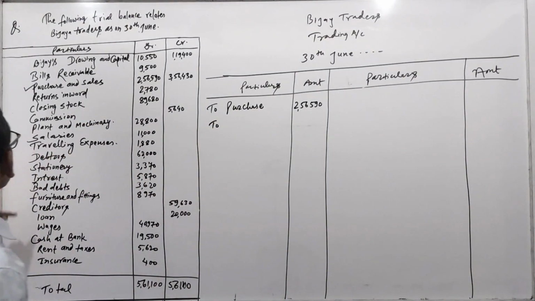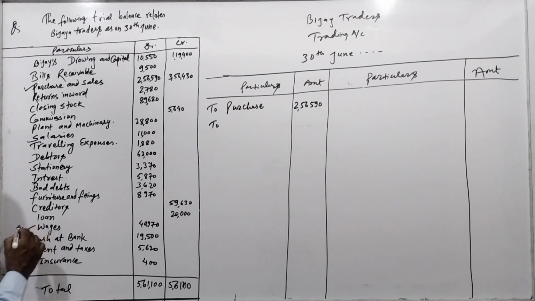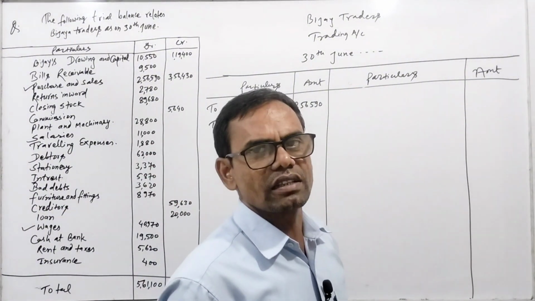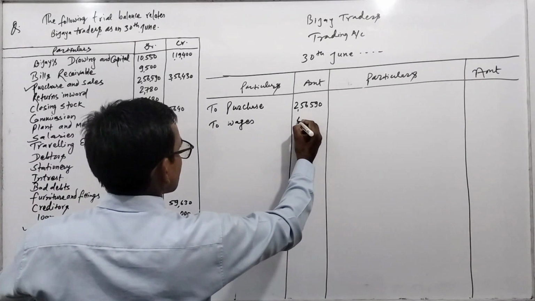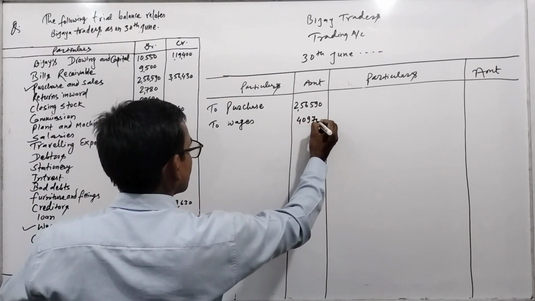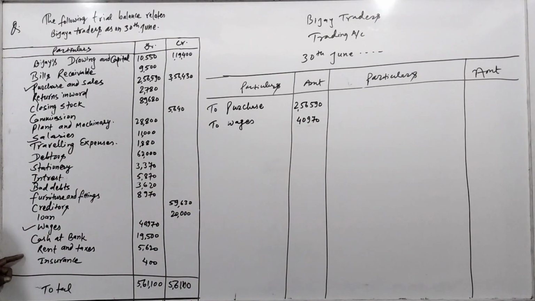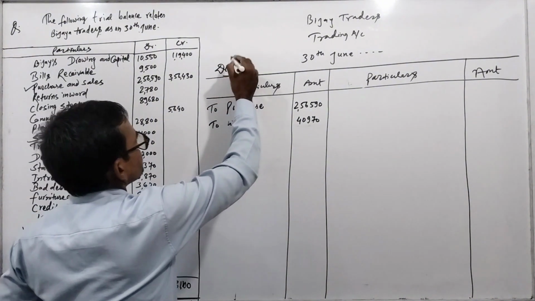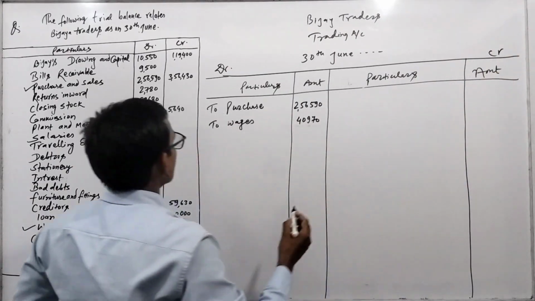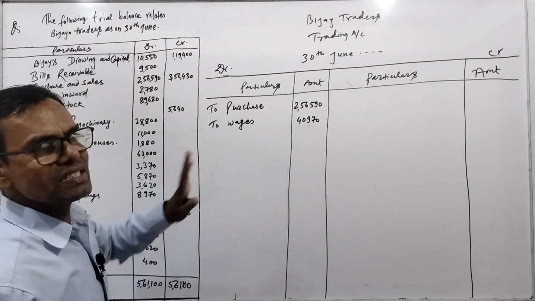Then commission, plant and machinery, salaries, and so on. Here is wages. Wages is direct expenditure. So you have to write here wages, 40,970. So in debit side of trading account, only purchase and wages is given.